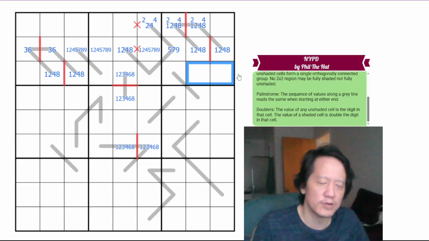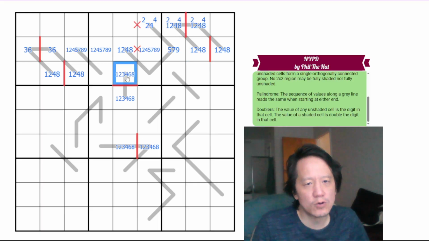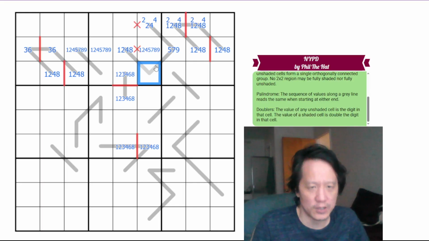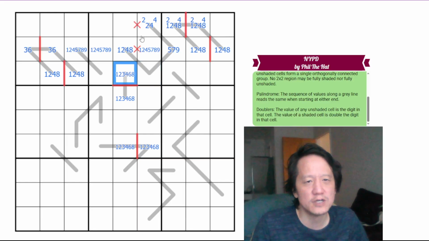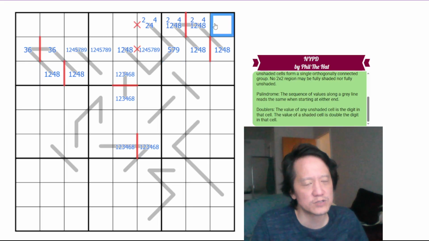And then they could both be here, and that would be valid. Or one could be here. None of them could be here, because 3 and 6 is only in a 1-to-2 ratio, or a single ratio with itself, or the other 3 or 6. So this could be 3 or 6, and one of these is 3 or 6. Then one of these is 3 or 6, and one of this one's 3 or 6. That's possible.